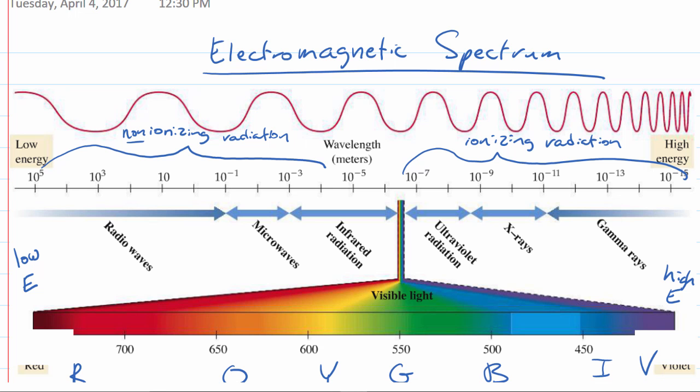And we can also talk about these as forms of penetrating radiation. And they have different levels of penetration. For example, if we talked about ultraviolet light, what is another name for ultraviolet? We call it UV, right? And what does ultraviolet radiation cause? Sunburn or suntan.